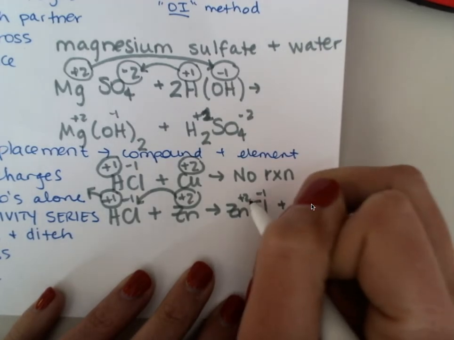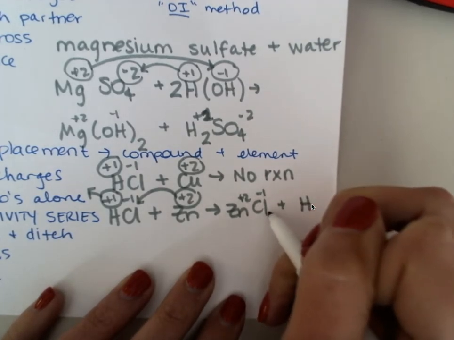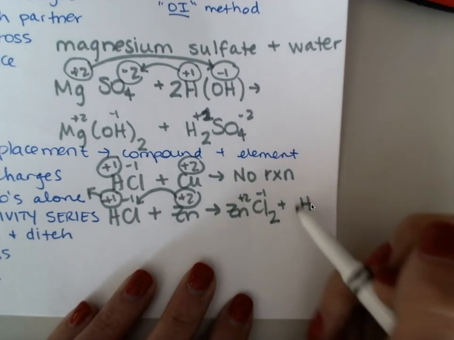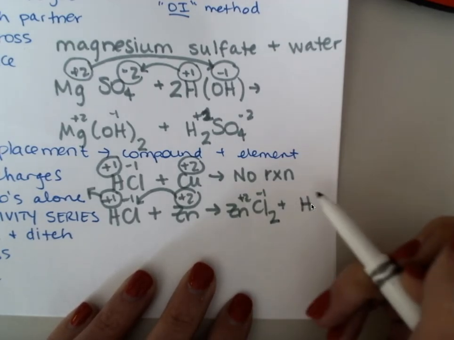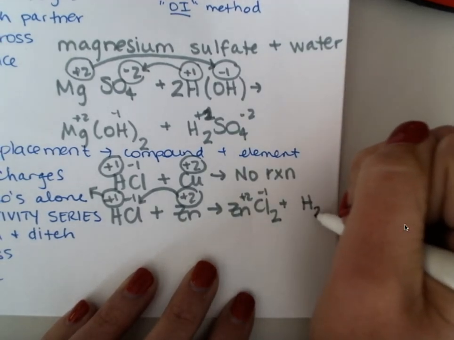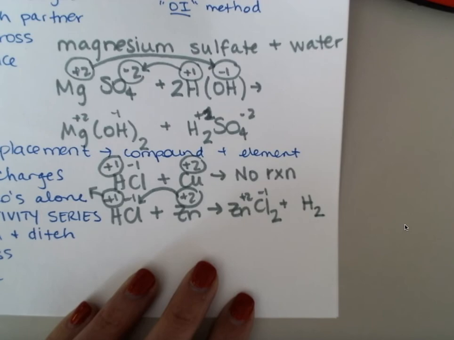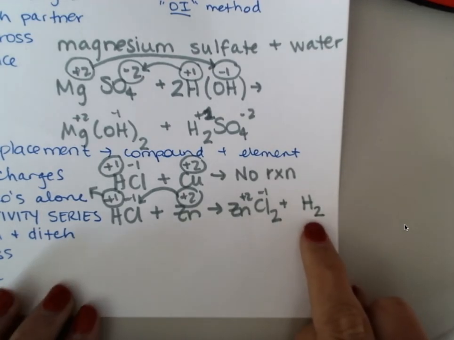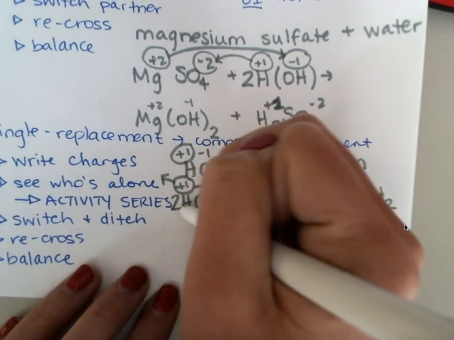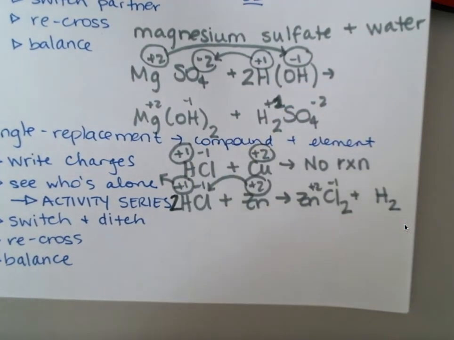Zinc is a +2 and chlorine's a -1, so that's going to be ZnCl2. But then this is H all alone, and hydrogen alone is hydrogen. It will be diatomic. So we have to remember our diatomics as well. So when I balance this equation, I just need to put a 2 in front of that HCl to balance.